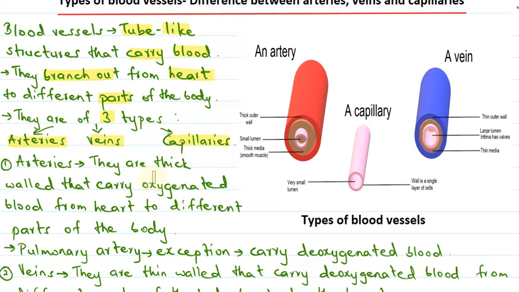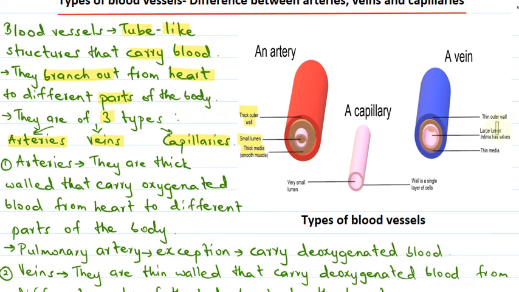Okay. So here we can see an image of artery. They have a thick outer wall, a small lumen is present, and thick media, that is, there are smooth muscles present in case of arteries.